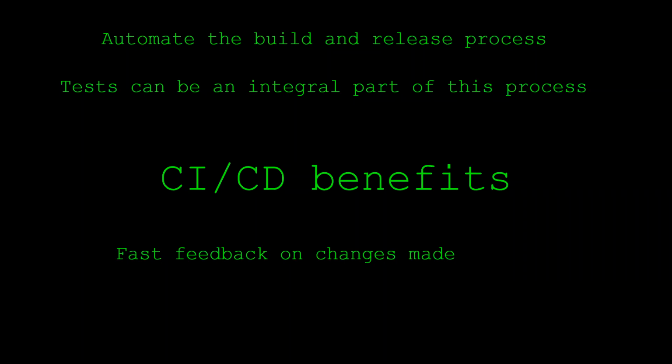Because this also enables me to get fast feedback on the changes that I've made. If I create a pipeline or a process that runs a number of tests, and again, this can be all different kinds of tests, depending on your context and on your needs.